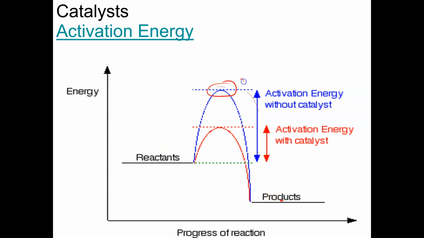It's from here all the way here. And just to be clear, activation energy is from the reactants to the top of the hill, not from the bottom. Reactants to the top of the hill. What a catalyst does is provide a shortcut, if you will, lowering the activation energy. So instead of requiring this much, hey, you don't need this much. You can cut through the mountain. And that's what it does.